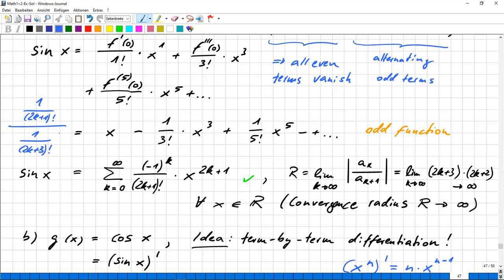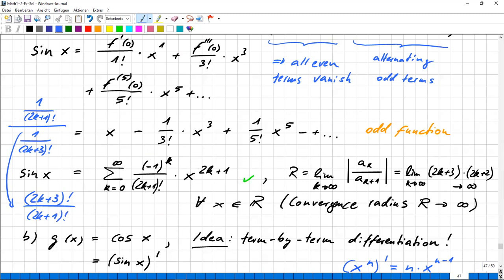And then I would, of course, simplify this to be, you know what I mean, fraction by fraction. So that's easy. I get 2k plus 3 factorial here, and then divided by 2k plus 1 factorial below.